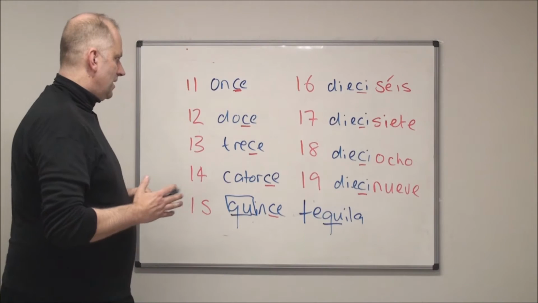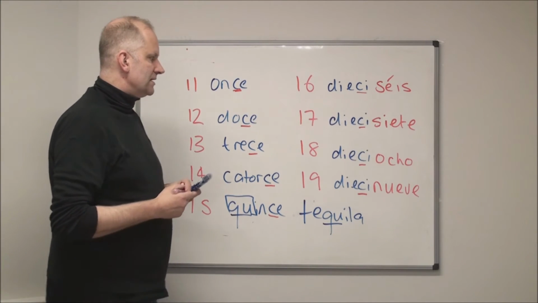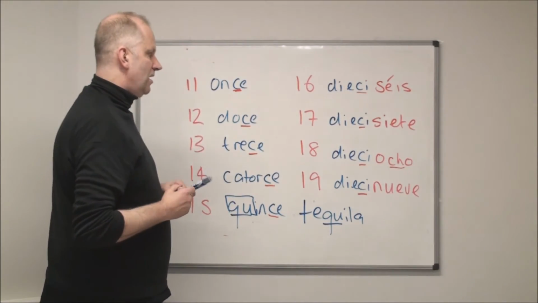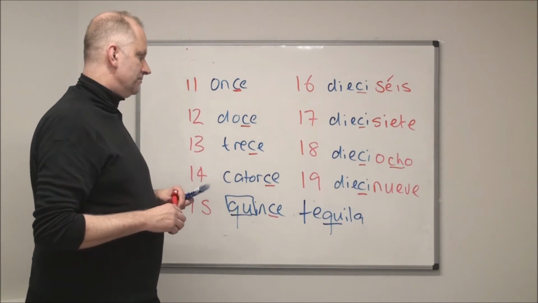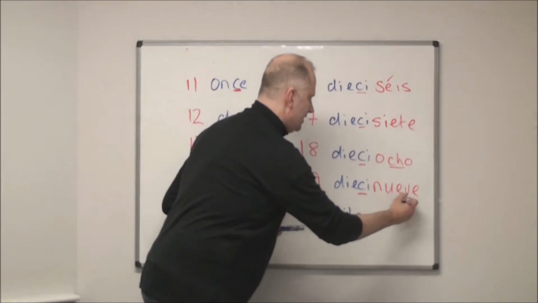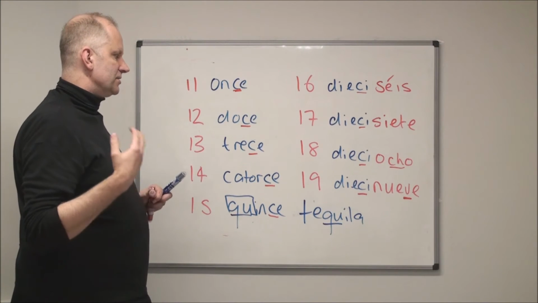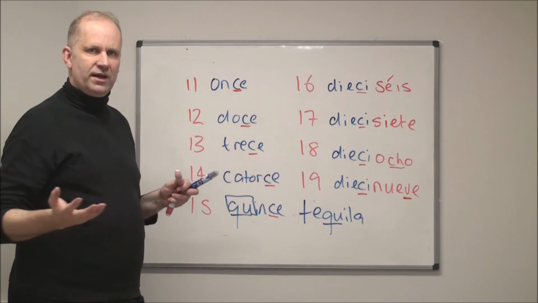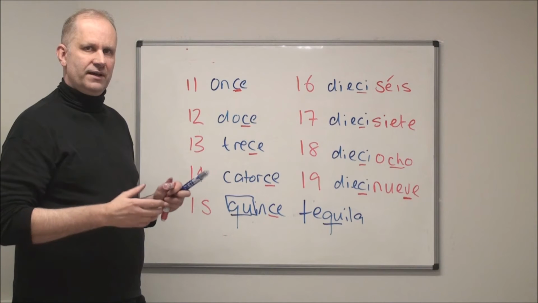Then the CH in Spanish is just like the CH in cheese or China. And also the V is like a B in English, 19. Sometimes it's okay to pronounce a V like a V.